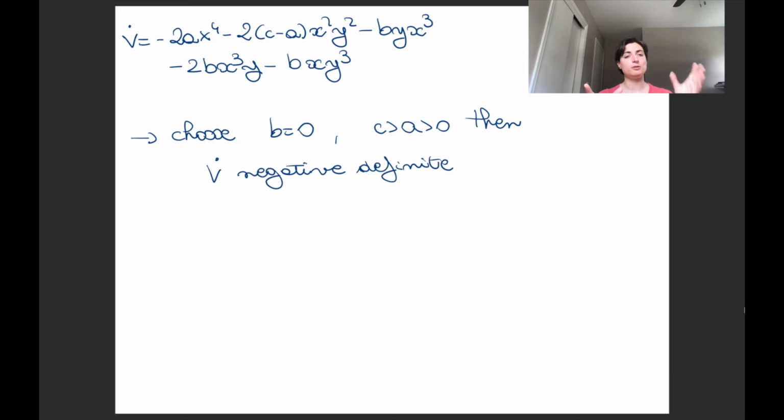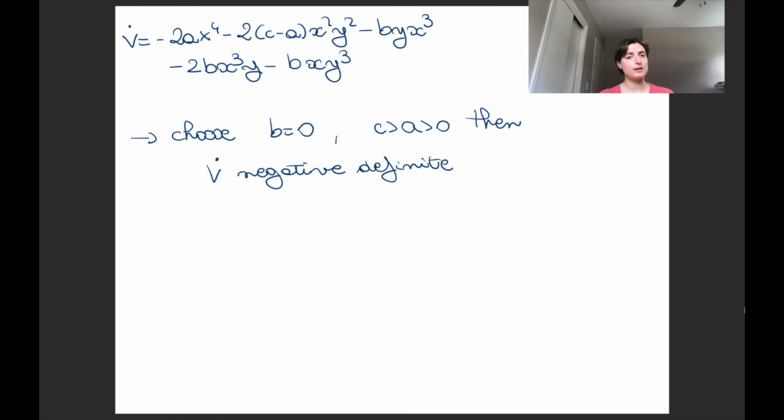The second term is minus 2 times c minus a, and c is bigger than a, times x squared y squared. So this second term is also always negative, and the other terms disappear because I chose b equal to 0. So with this choice, I can find v dot being negative definite.